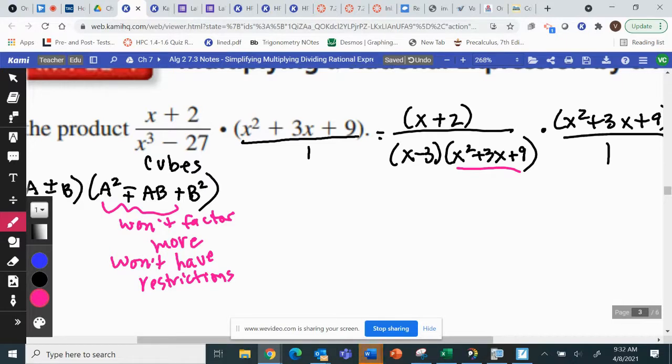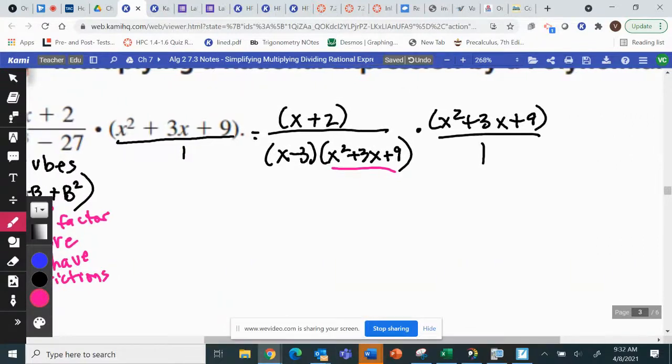Yes. Yeah. So b is 3. And then b squared would be 9. B cubed is 27. Okay, so I'm going to find my domain restrictions, and I will have that x does not equal 3. But I will not have a domain restriction if I factor cubes.